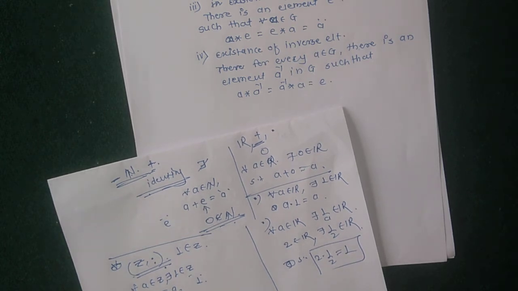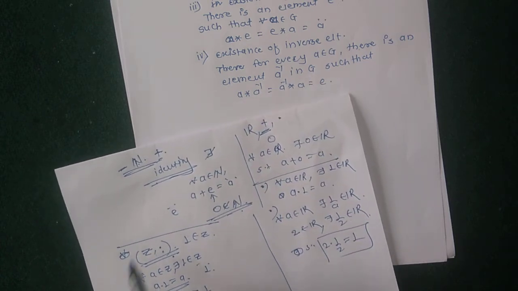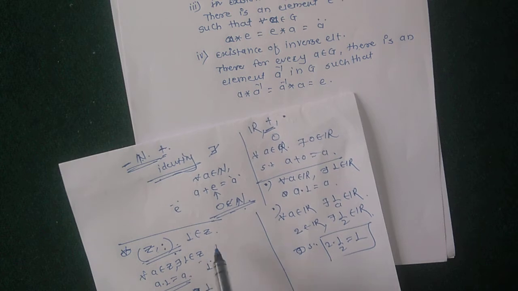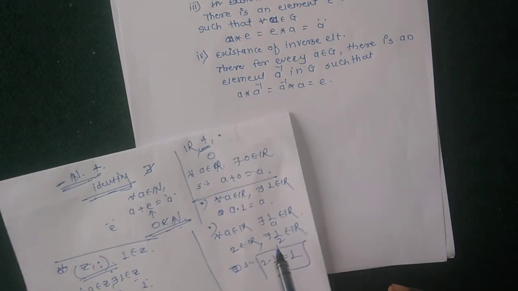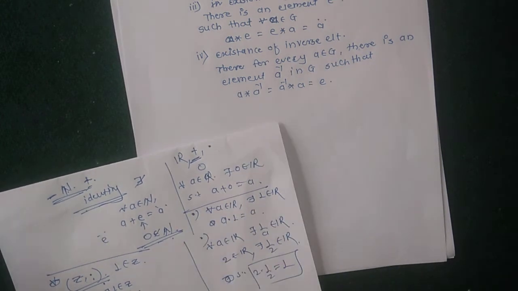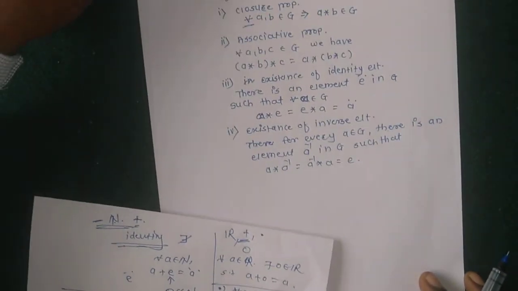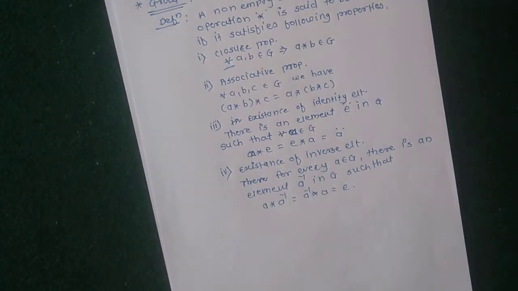And in the set of real numbers the inverse element exists in that given set. Therefore the set of real numbers is a group.